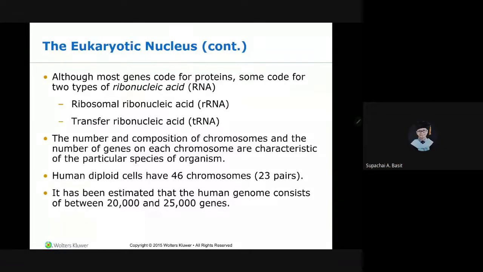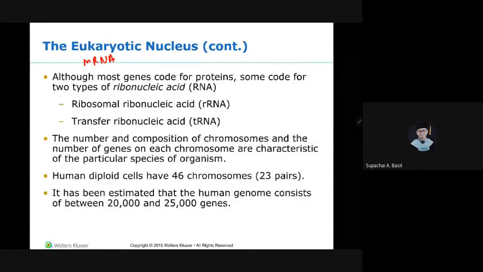In fact, another type of RNA is the mRNA or the messenger RNA. The number and composition of chromosomes and the number of genes on each chromosome are characteristics of the particular species of organisms. So, for example, as humans, we have 46 chromosomes.